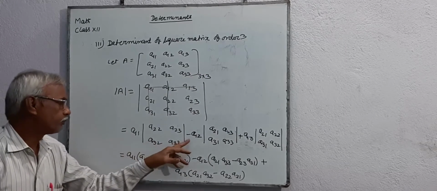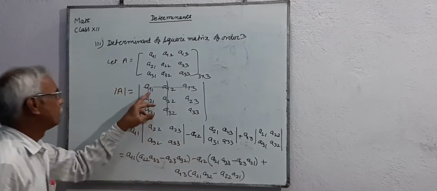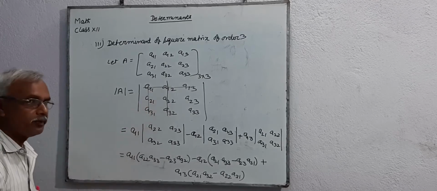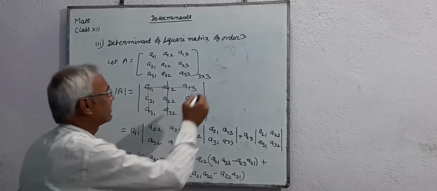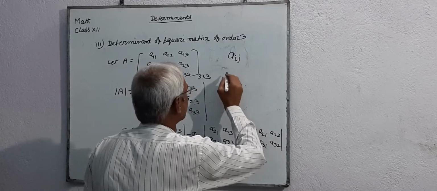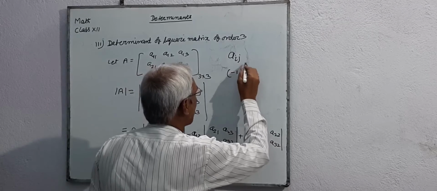Here we put a plus or minus sign depending on the suffix, that is, whether the sum of the suffixes is even or odd. For example, the sign of Aij equals minus 1 to the power i plus j.